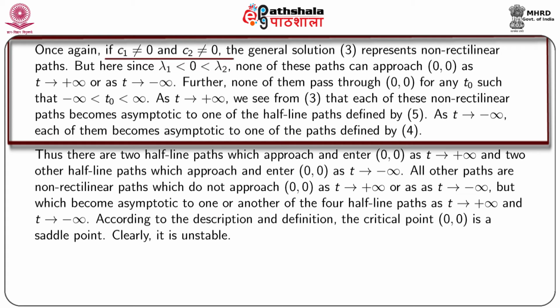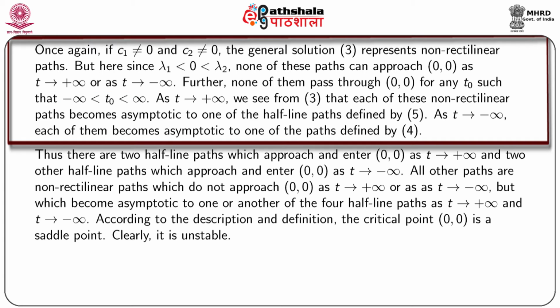And if c1 not equal to 0 and c2 not equal to 0, the general solution 3 represents non-rectilinear paths, and since lambda 1 is less than 0 and lambda 2 is greater than 0, none of these paths can approach 0 as t tends to plus infinity or as t tends to minus infinity.